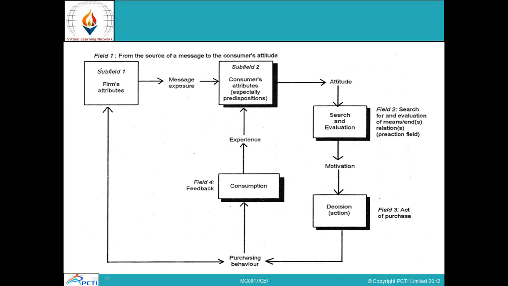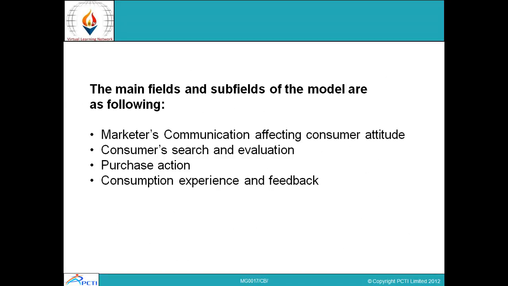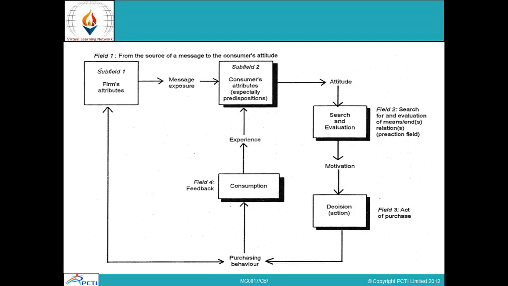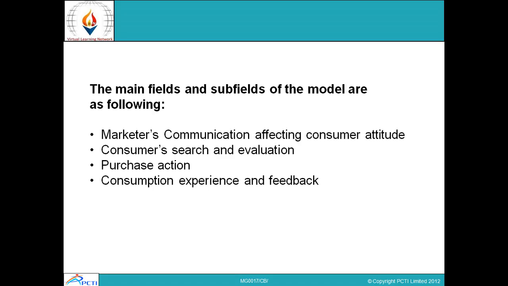If he decides to buy this product, it goes directly to consuming. Once you have consumed or used the product, you will have an experience of using it, and that again goes back to consumer attributes. The main field, as we have seen in the flow chart, is first marketers' communication affecting consumer attitude.